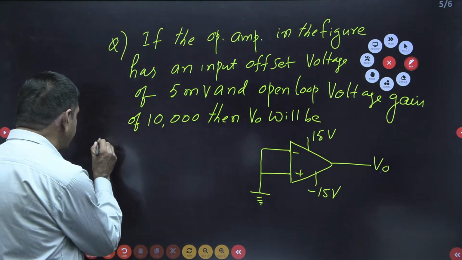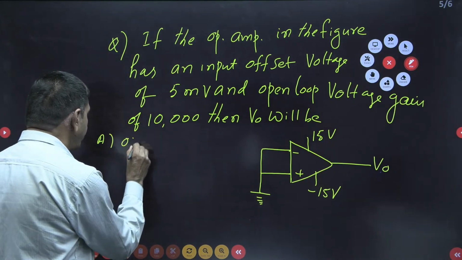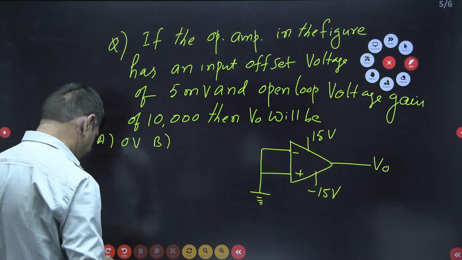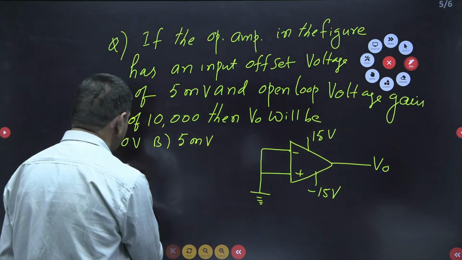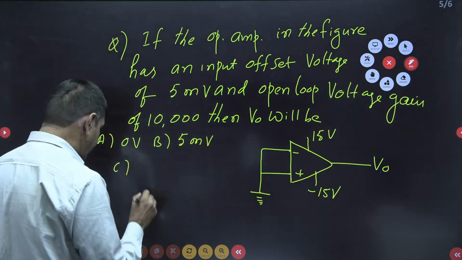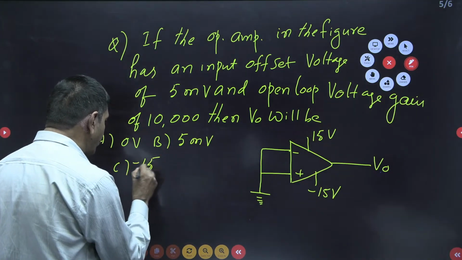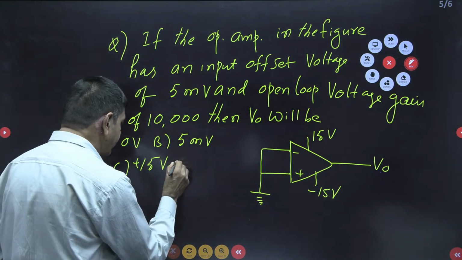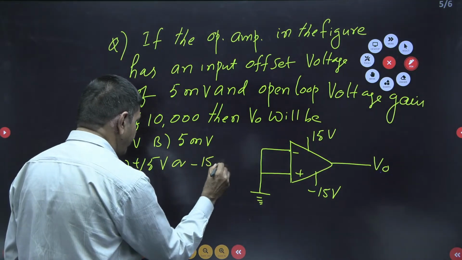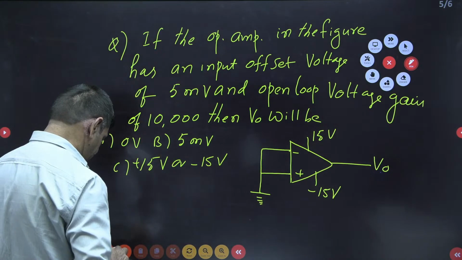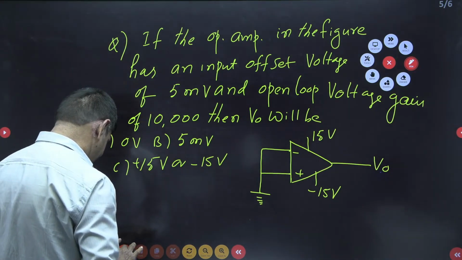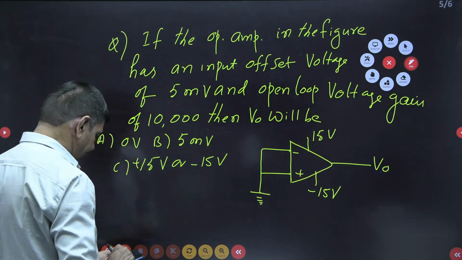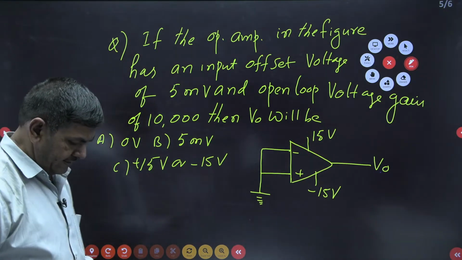Option A is given 0 volt. Option B is given here 5 millivolts. Option C is given plus 15 volts or minus 15 volts. And one more option I will give.